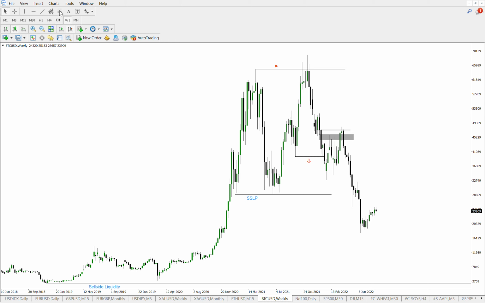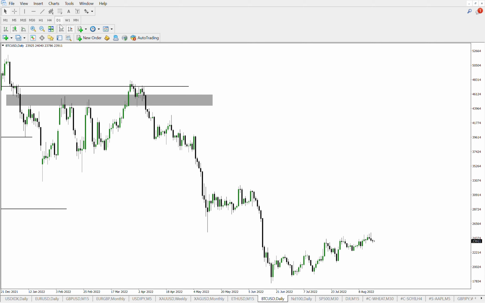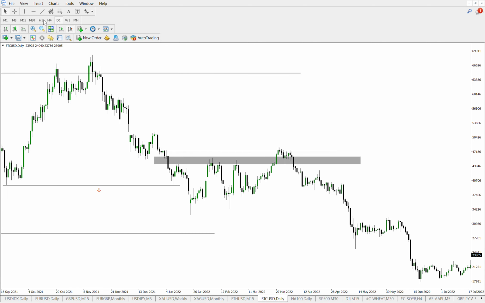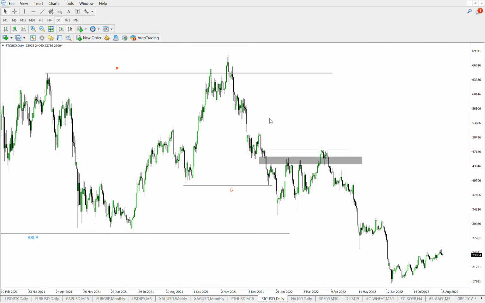So if we move down to a daily, I'll zoom out. Right, we can see the fractal in a different manner, right? So you have this consolidation in here, right? A clear-cut consolidation. So from this low to this high, price is consolidating.